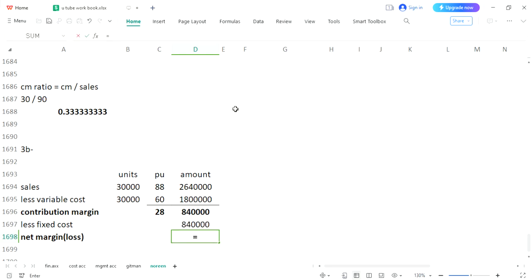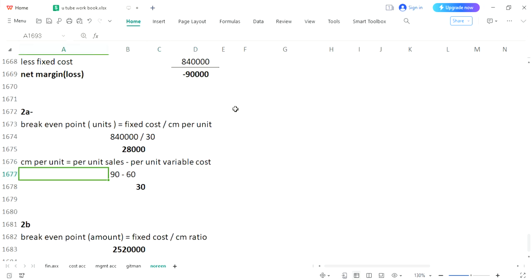It's time to calculate your net margin, which is the difference between contribution margin and fixed cost. Contribution margin 840, subtract fixed cost, which is also 840, so we have reached the break-even point. But we are aiming for a target where we can get maximum profit. Look here.